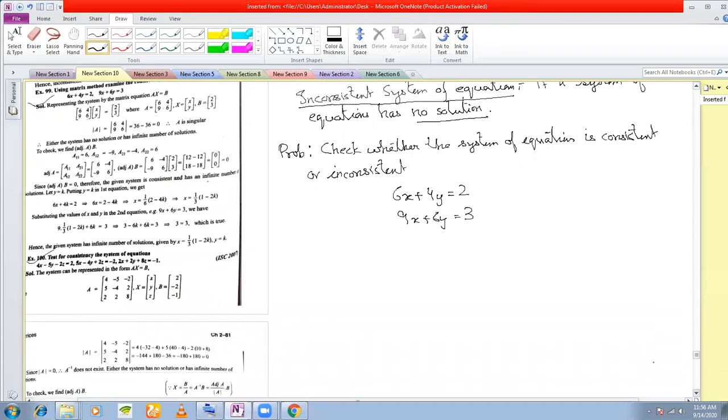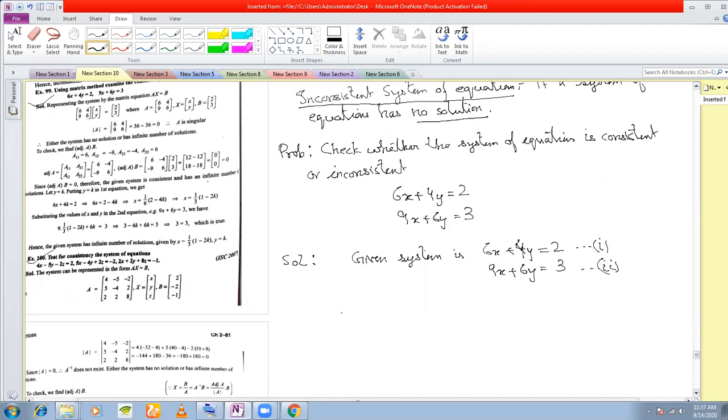So first we'll check the solution. We write the given system is 6x plus 4y is equal to 2, 9x plus 6y is equal to 3. Call this 1 and call this 2.